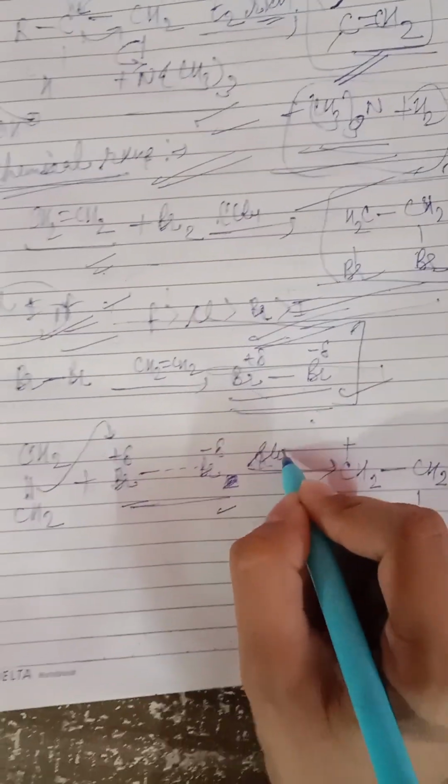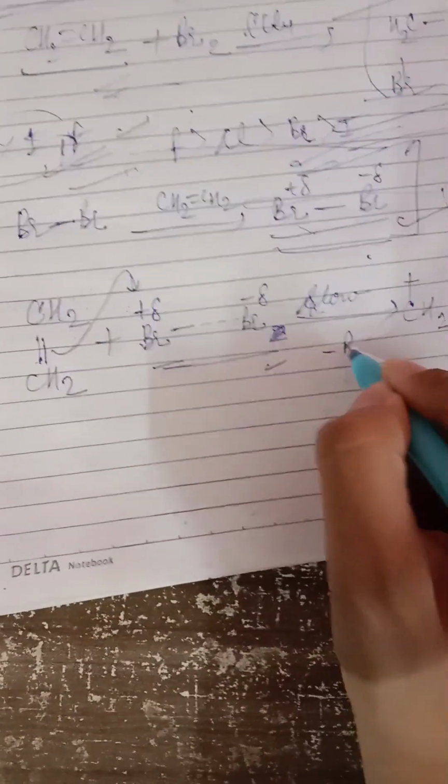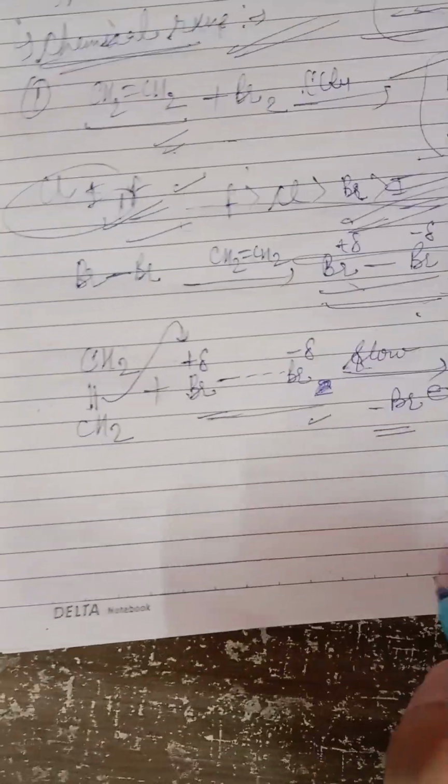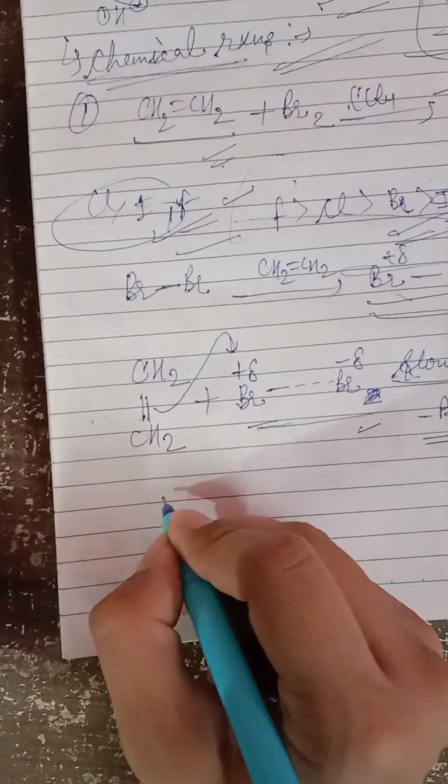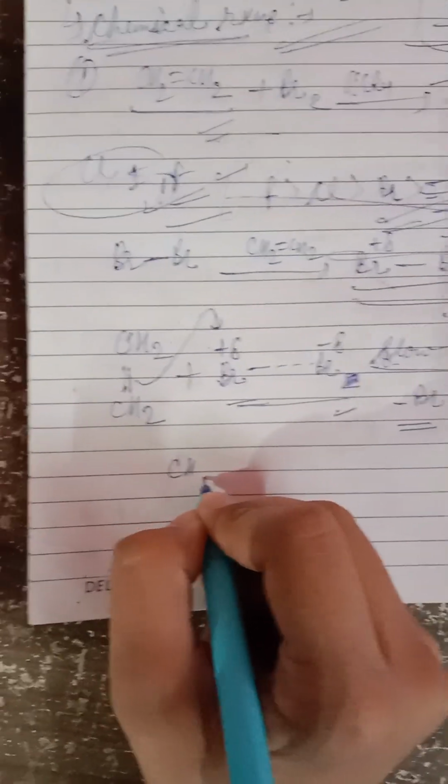This is a slow step. Now, here the Br negative ion attacks this carbocation as follows.